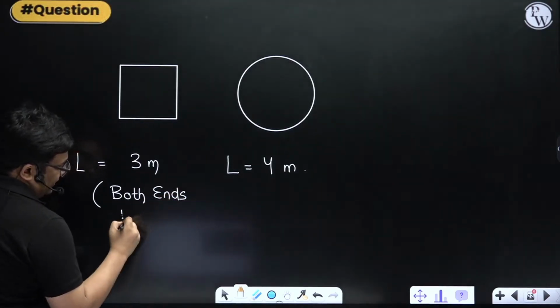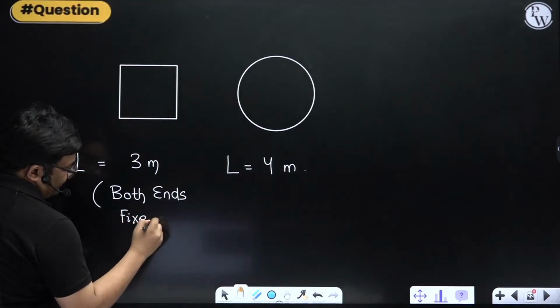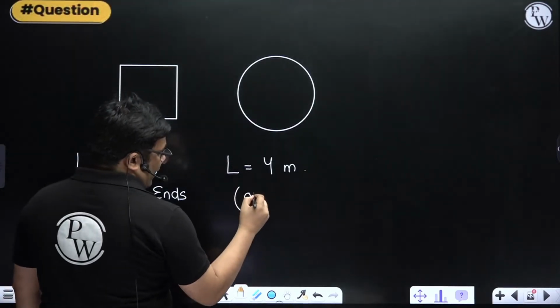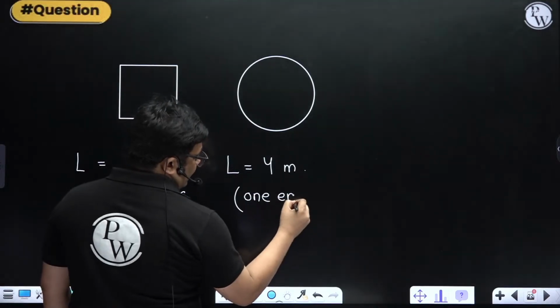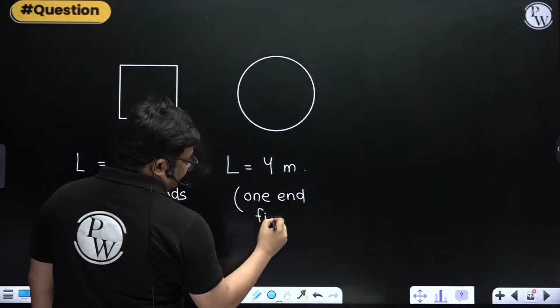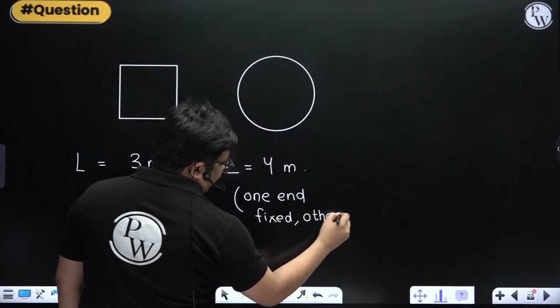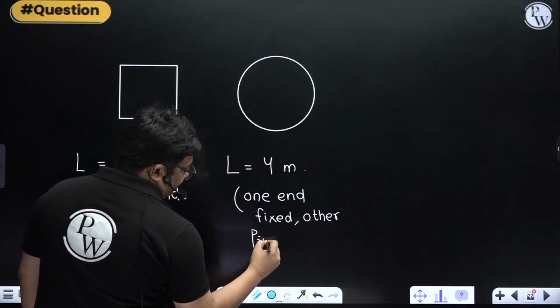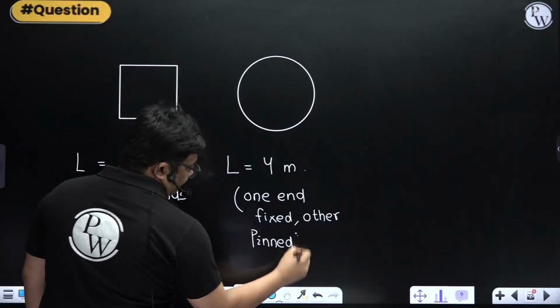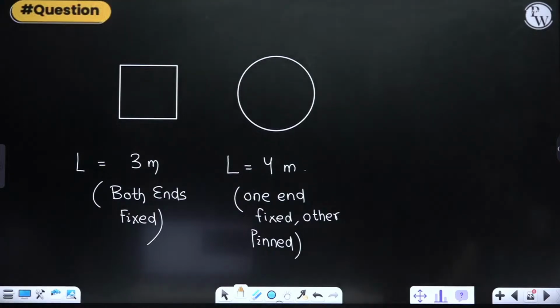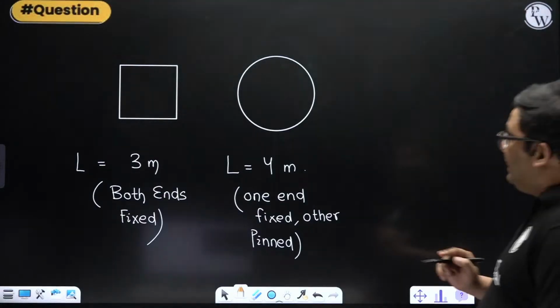The circular column has one end fixed and the other pinned.